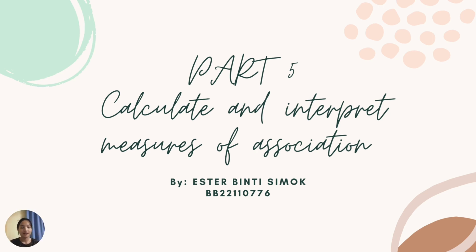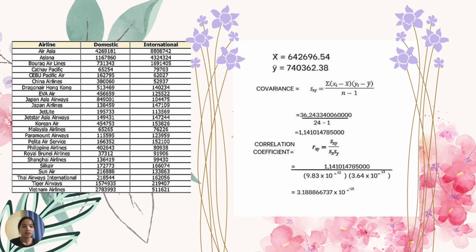Hi, my name is Esther and I'm going to present part 5, which is calculate and interpret measure of association. So, from the data, we know that domestic is X and the international is Y. The first step is to find the X bar and the Y bar.